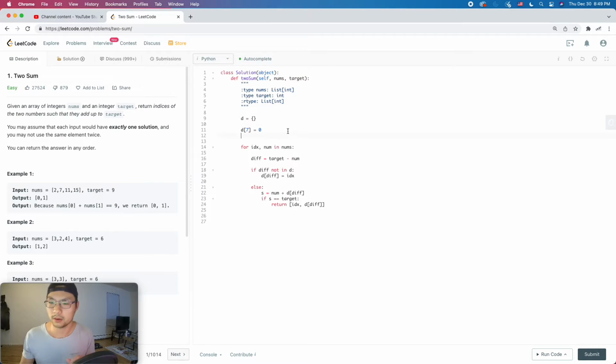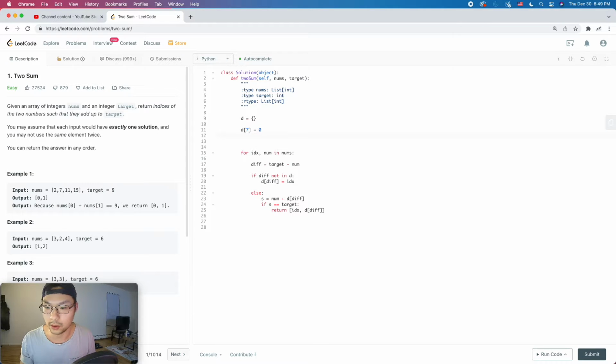So we got the difference, 9 and 2, we got 7. So cool, we have 7. And by the way, difference is not in the dictionary yet. So 7 has not been in the dictionary, so we'll set that index to that. And then we'll say, okay, we're on to the next number, 2.